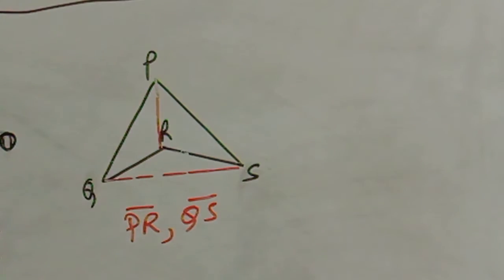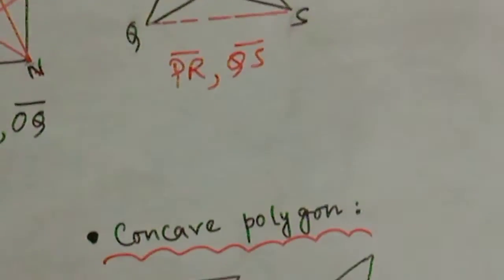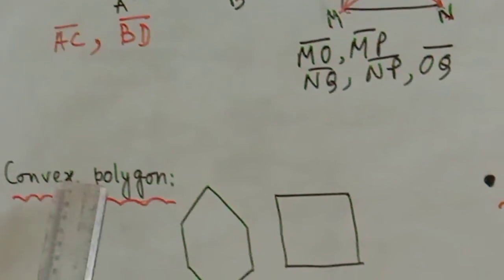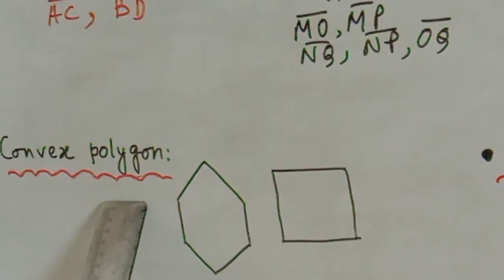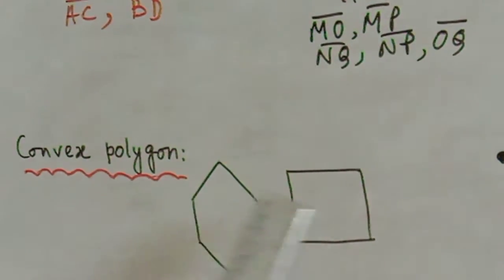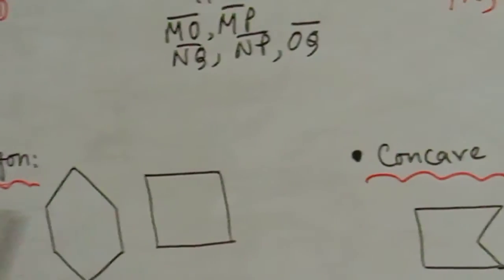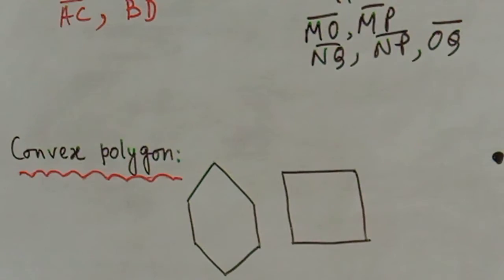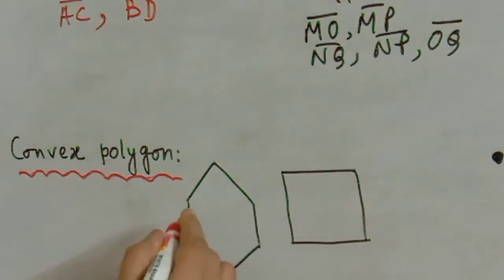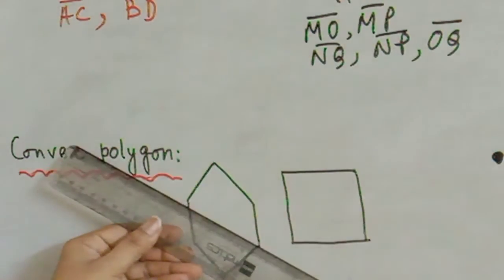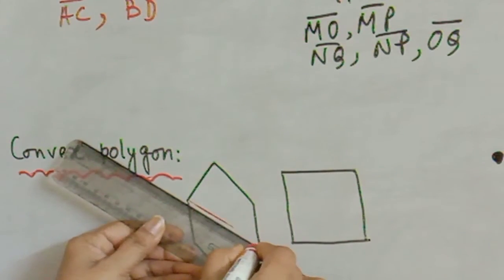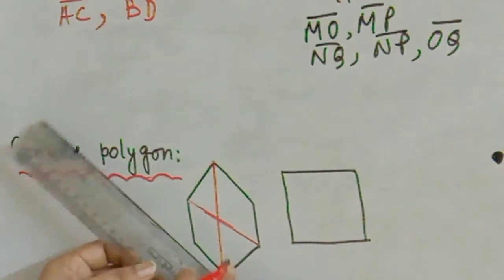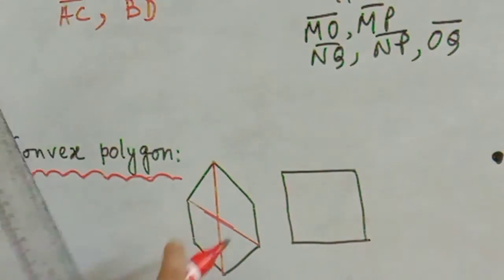Now come to two types of polygons, depending on the position of the diagonals. One is convex polygon, another is concave polygon. In a convex polygon, all the diagonals are in the interior of the figure. See here, if you draw these diagonals, all the diagonals will be inside the figure.